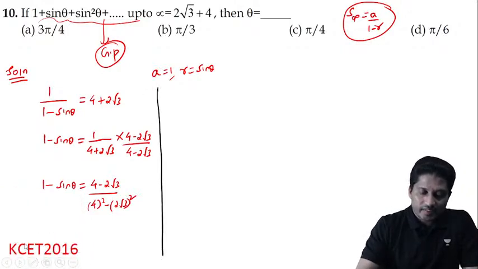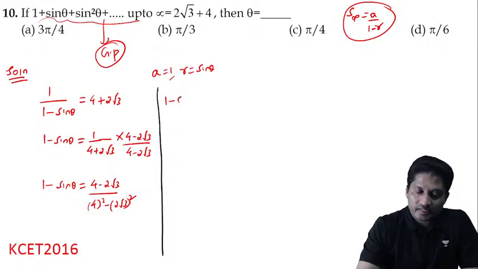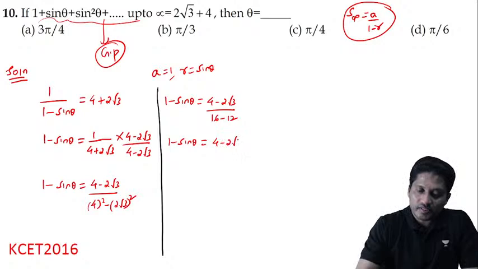Right, this can be written as 1 minus sine theta is equal to 4 minus 2 root 3 divided by 16 minus 2 root 3 the whole square, which is 12. Okay, now this is 4 minus 2 root 3 divided by 4. So 1 minus sine theta is equal to 1 minus 2 root 3 by 4. It will cancel 2 times.